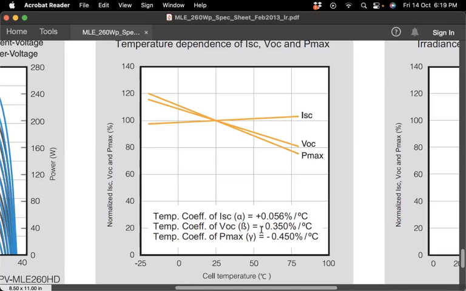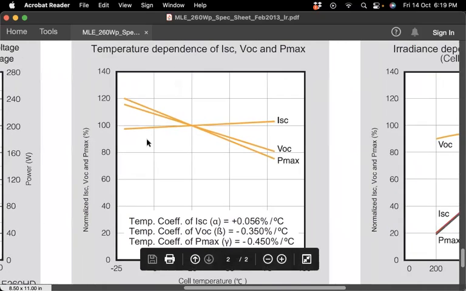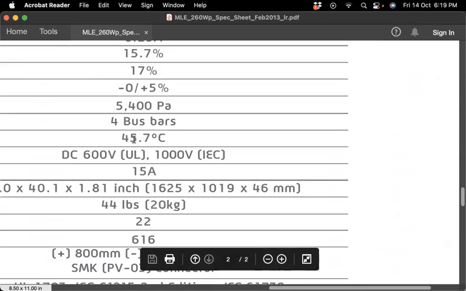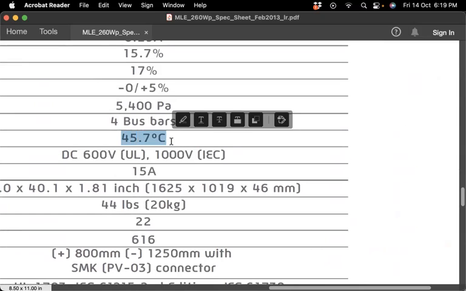If we assume that our normal operating cell temperature is this, what's here? Yes, 45.7 degrees Celsius. And let's assume we locate a solar cell in a place where the overall environmental temperature is high, which leads your operating cell temperature to increase 10 degrees above normal.